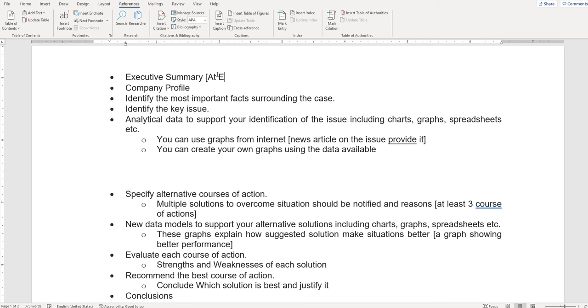So we write it at the end of the report, after completing all the important body sections, but the executive summary should be at the start of the report. Then we write the company profile, and we identify the key issue and issue-related facts and figures, and how it impacted the organization.